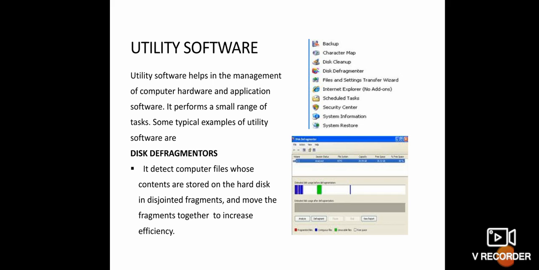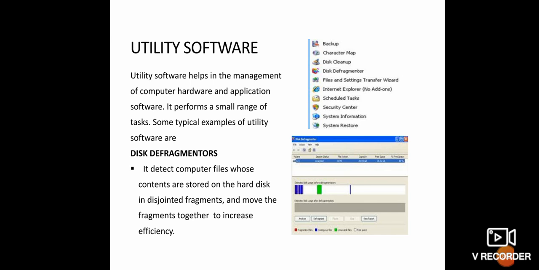Then we have utility software. It helps the management of computer hardware and application software. It performs a small range of tasks. For example, first we have disk defragmenters. If you have a load of books in a shelf and they are not arranged properly, they will consume a lot of space and look shabby.